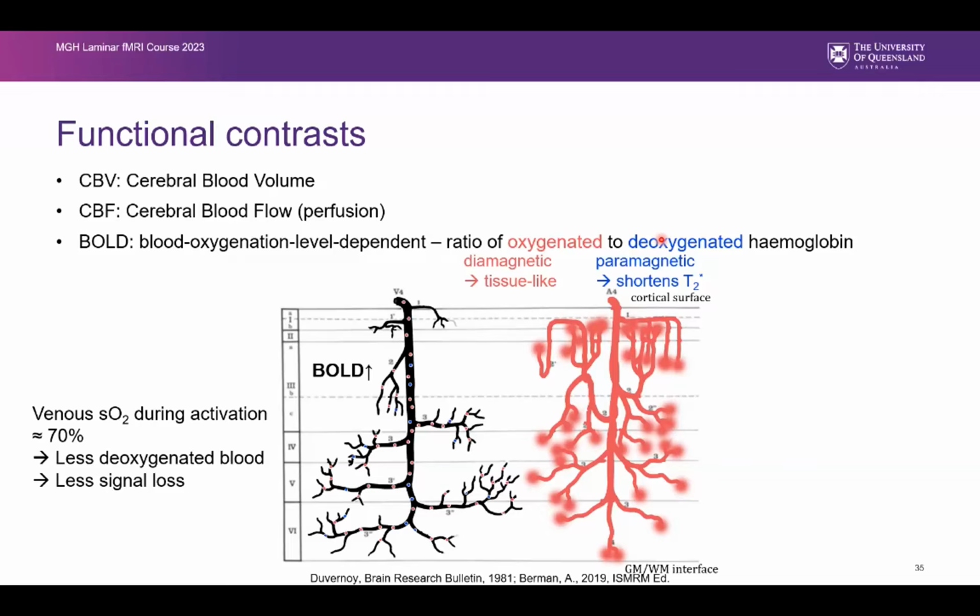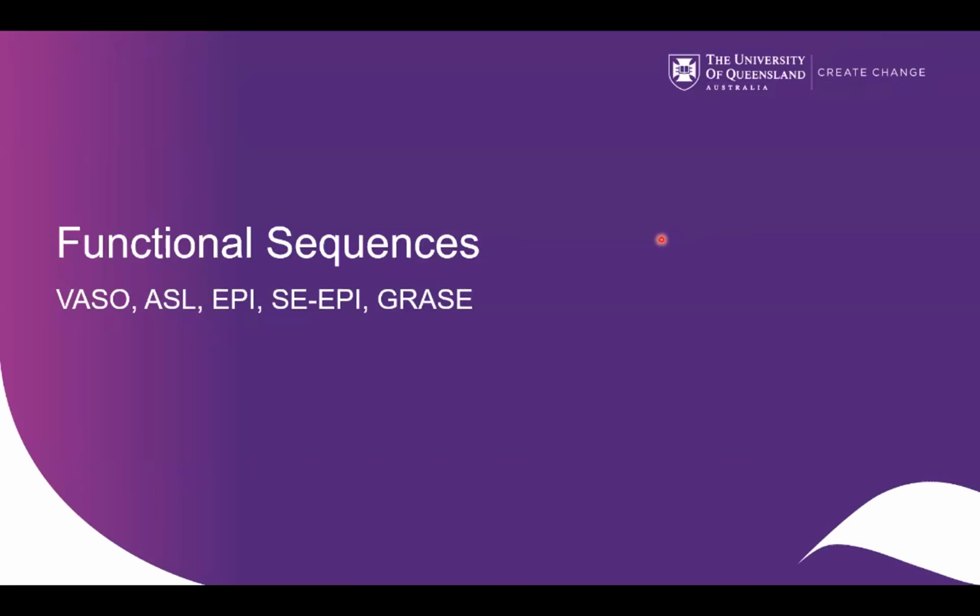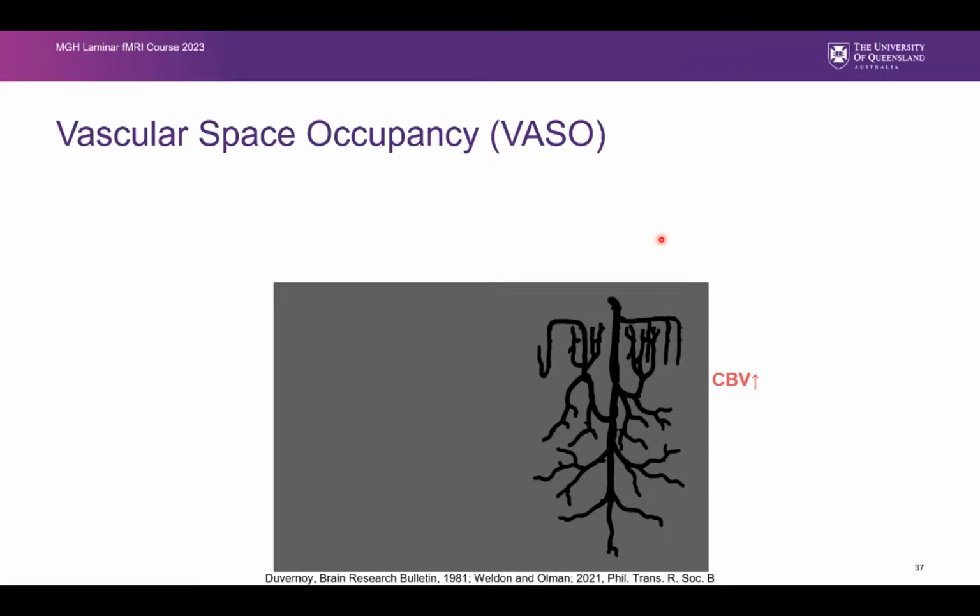And there are actually a couple of sequences that you can use. And we start with VASO because it maps very nicely on CBV. So VASO stands for vascular space occupancy, and it measures the space that the vasculature occupies. The initial idea is basically to null the blood signal.